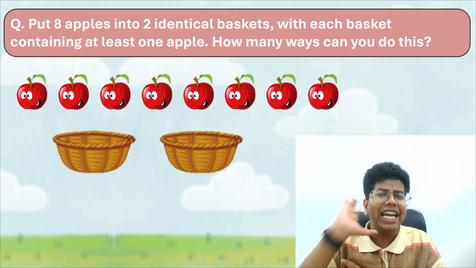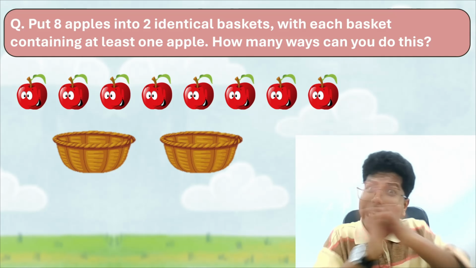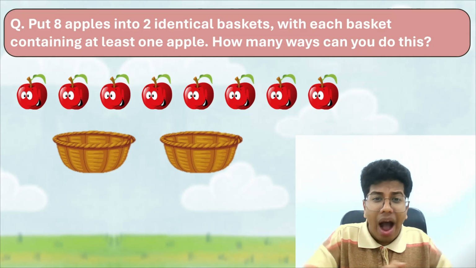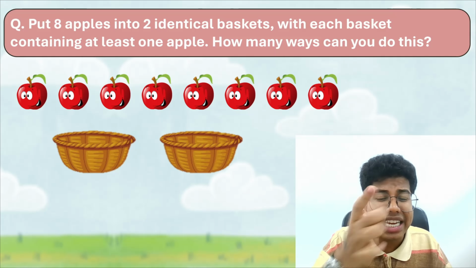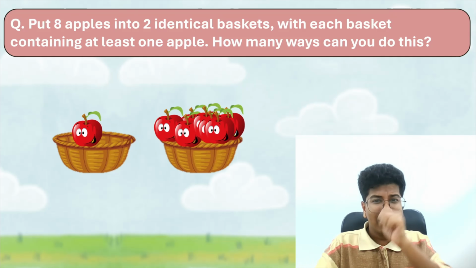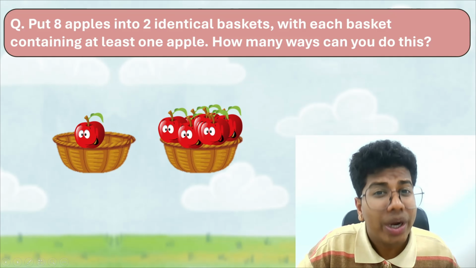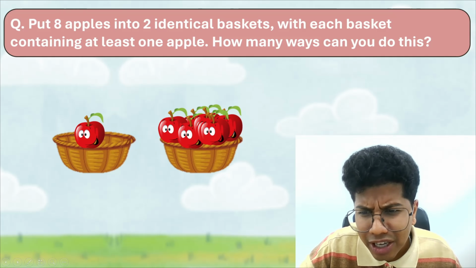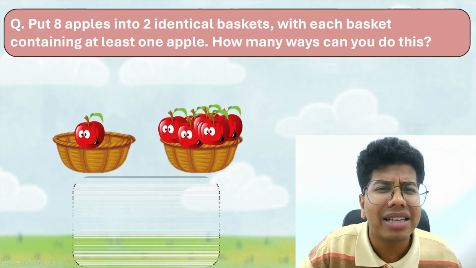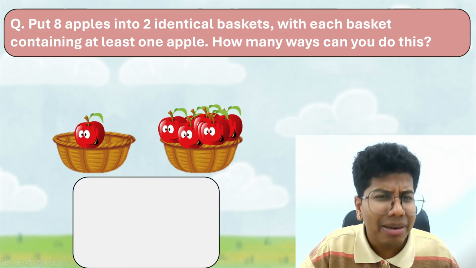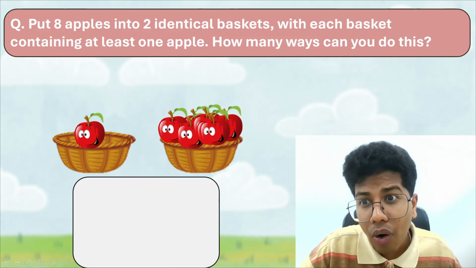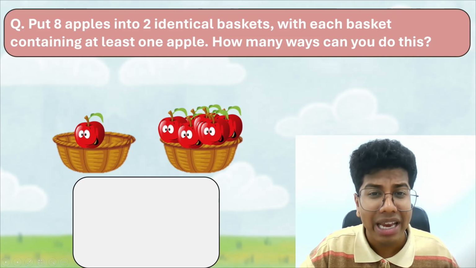Our question has 8 apples and 2 identical baskets. Now I have to split this number 8 into 2 parts. So let's just do it. The first way, that is doing it in order. Here, the first basket has 1 and the second basket has the remaining. So the second basket has how many now? 8 apples, 1 here, remaining 7.